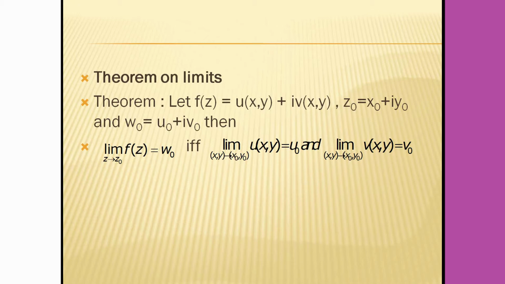Then, by the definition, the limit of f of z as z tends to z naught is equal to w naught if and only if the limit of u of xy is equal to u naught and the limit of v of xy is equal to v naught. That means the real part goes to the real part, and the imaginary part corresponds to the imaginary part of that number. So, this is the first theorem that we can observe here.